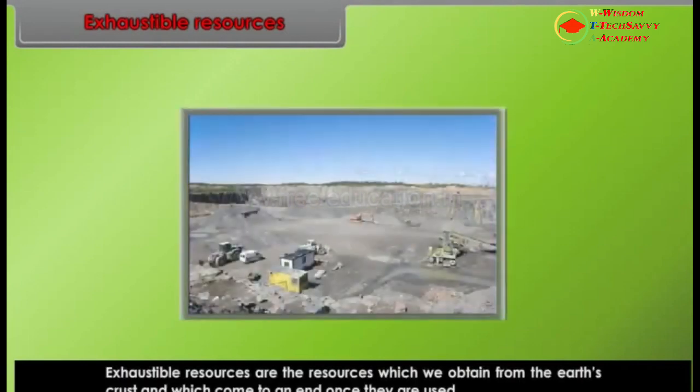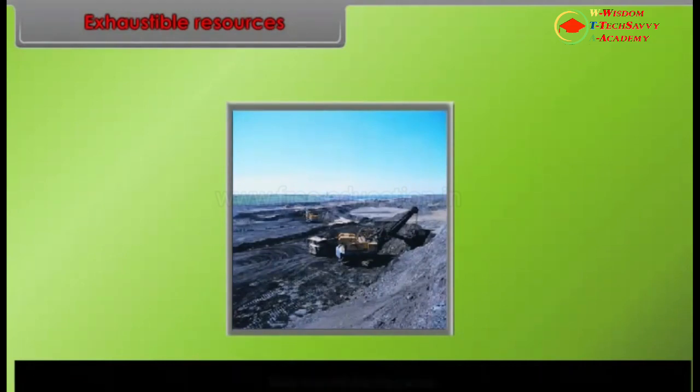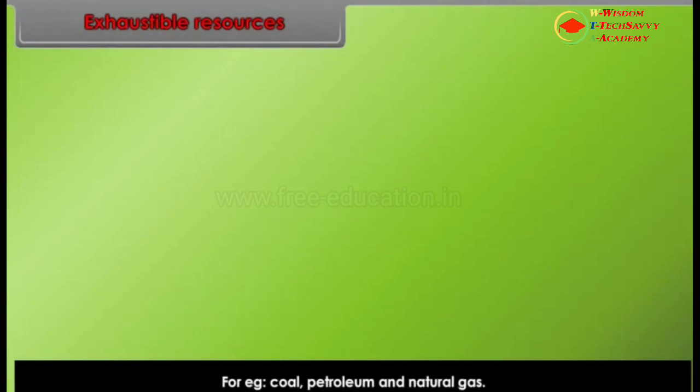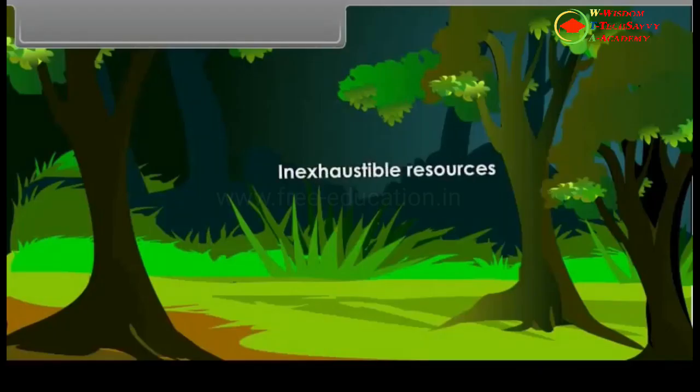Exhaustible resources. Exhaustible resources are the resources which we obtain from the earth's crust and which come to an end once they are used. They cannot be replaced. For example, coal, petroleum, and natural gas.